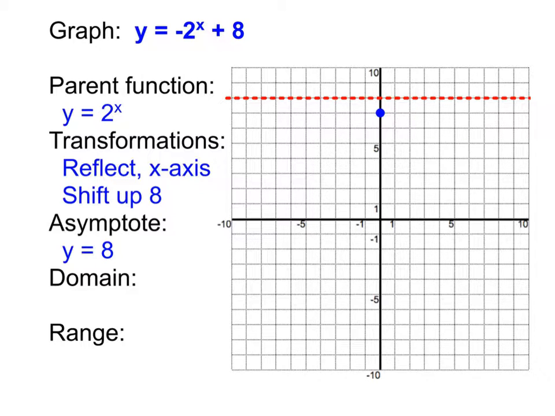And I'll tell you, once you have your asymptote drawn in and that one point, all you need to know is that it's 2 to the x. Because remember that 2 to the x tells me that it's going to double as I go to the right. So it started by going down 1, so then it's going to go down 2, and then it's going to go down 4, and so on. And I know that it's going to be dividing it by 2 as I go to the left.